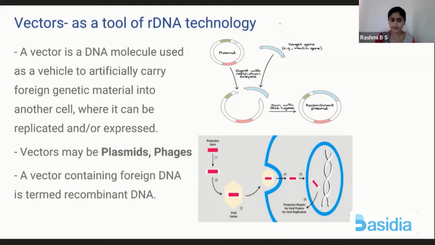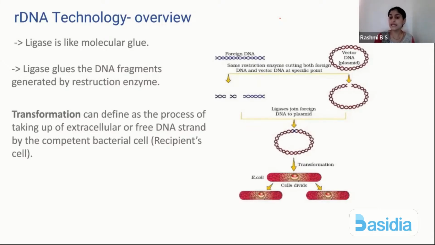Okay, so now you know what vectors are, what the importance of vectors is, and you also know how to make recombinant DNA, right? So children, now I'm just giving you the conclusion part, like how we use restriction enzyme and how we made the recombinant DNA, right?